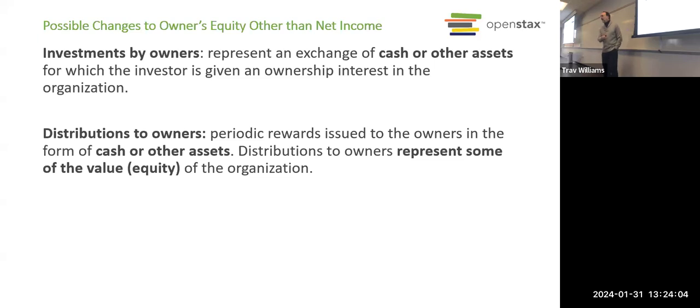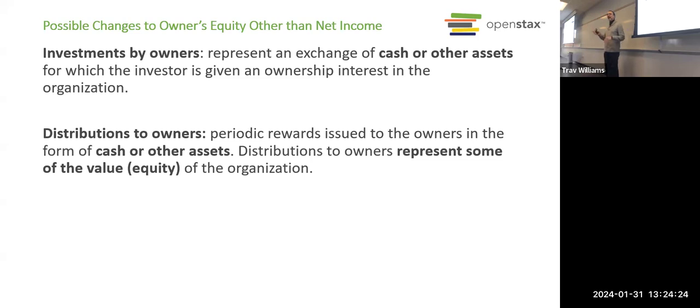And he can also take money out. Let's say out of that $250 profit, he decided he wanted to pull some of that money out and use it for his own personal reasons. He could take that money out of the company as a distribution and put it in his own personal bank account.